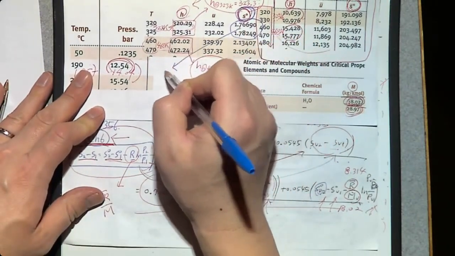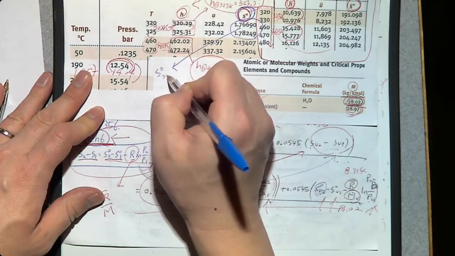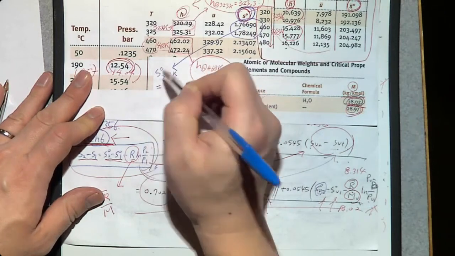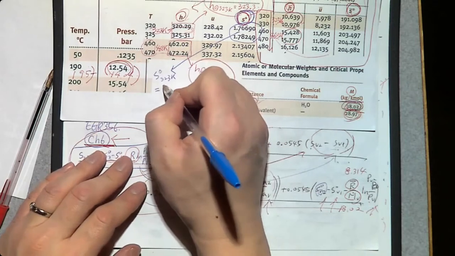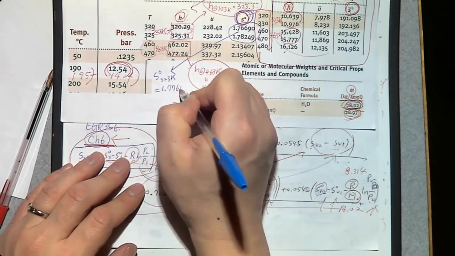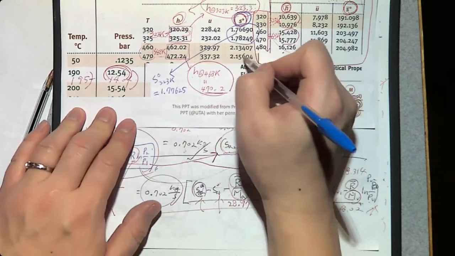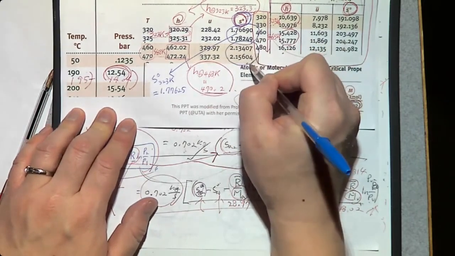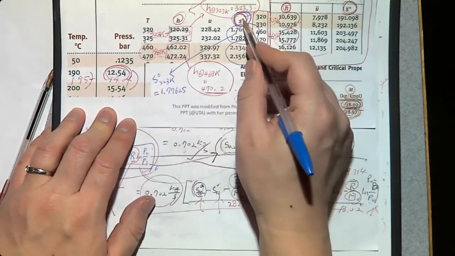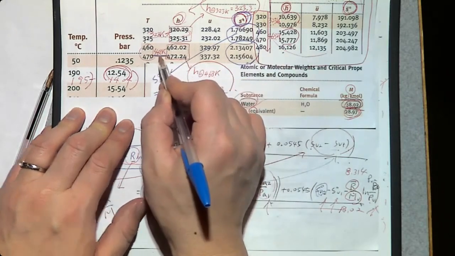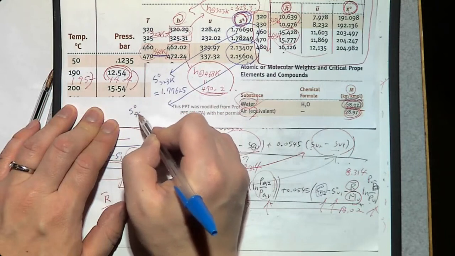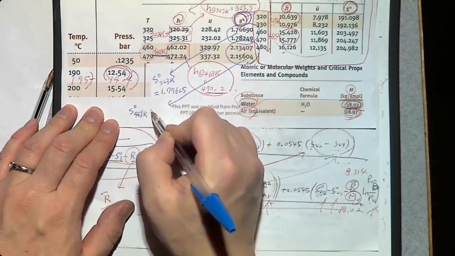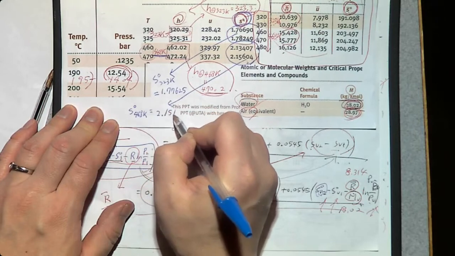Let me give you the value: S degree at 323 Kelvin, if you do a linear interpolation, we get 1.77625. We can do the same, doing linear interpolation between these two numbers to evaluate S degree at 468, which is the exit temperature. S degree at 468 Kelvin is going to be 2.15165.